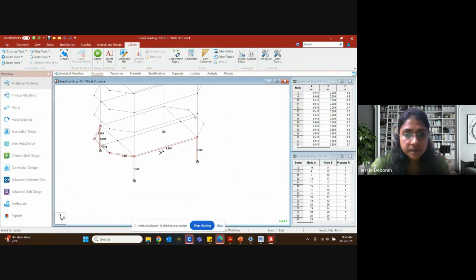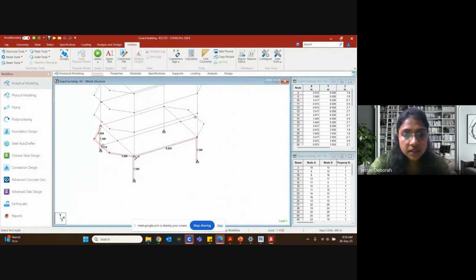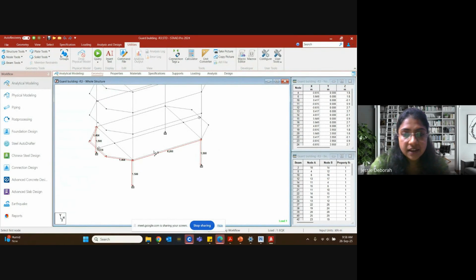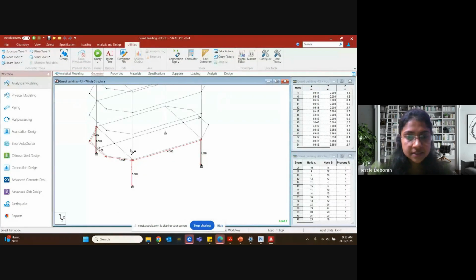So 3500 plus 350, because in either one they have not modeled it like how it is shown here. They have simply taken a single straight column only.